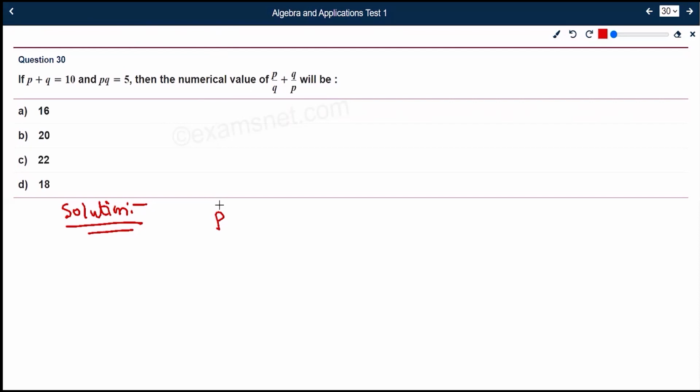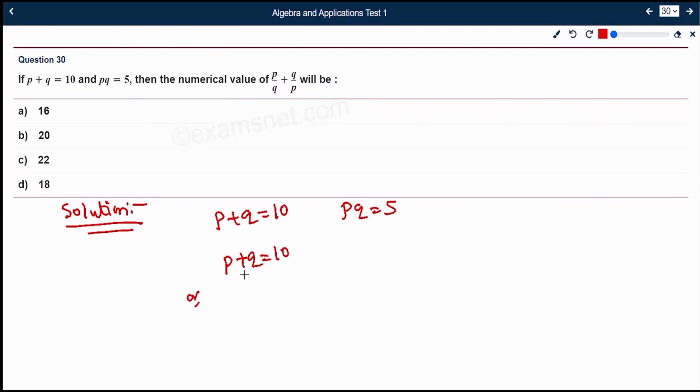We are given the value of p plus q, that is 10, and also pq, that is 5, right? Now let me write one expression, that is p plus q equals 10.